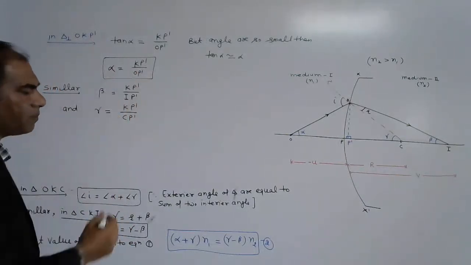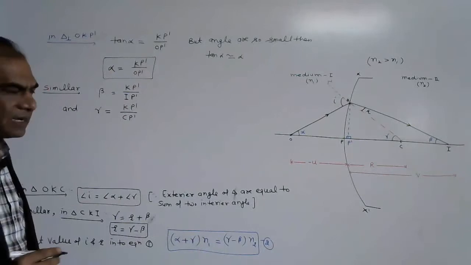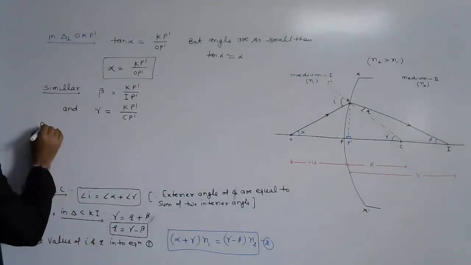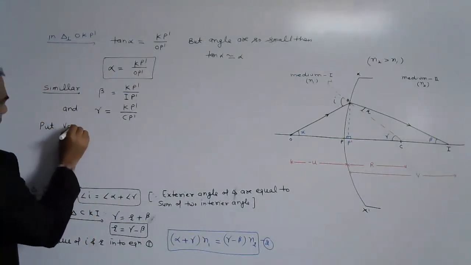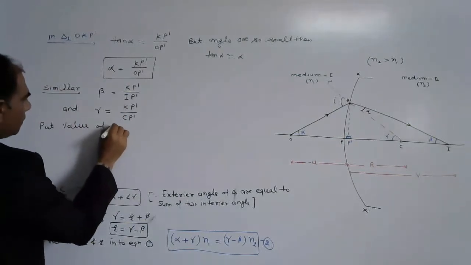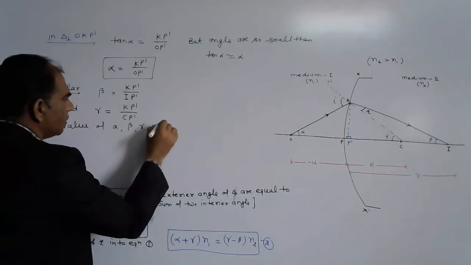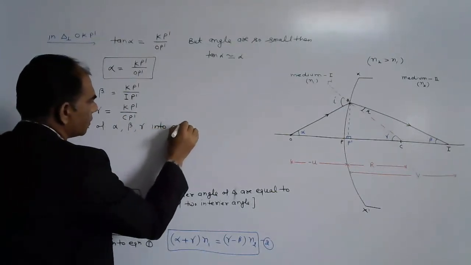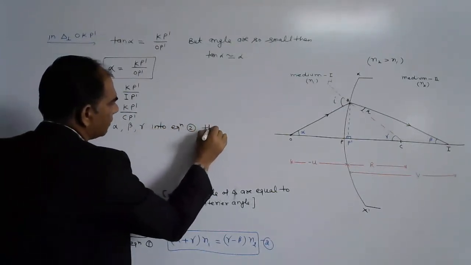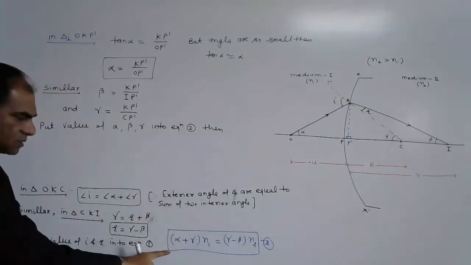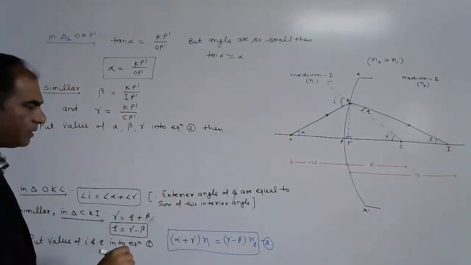These values of alpha, beta and gamma we put into the second equation. This is the second equation. Put the values of alpha, beta and gamma.